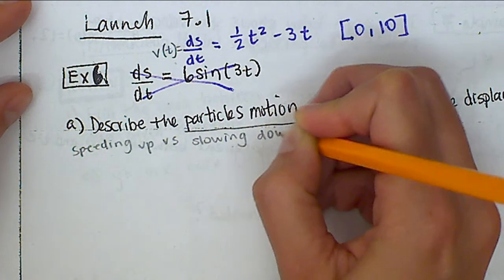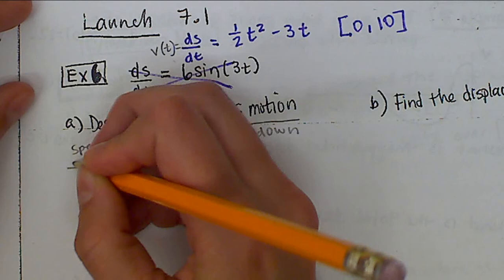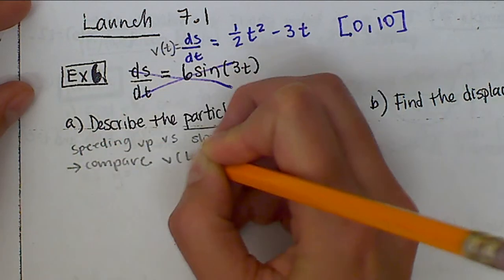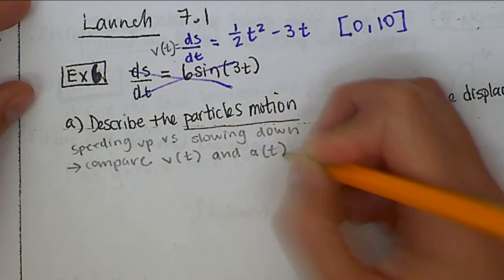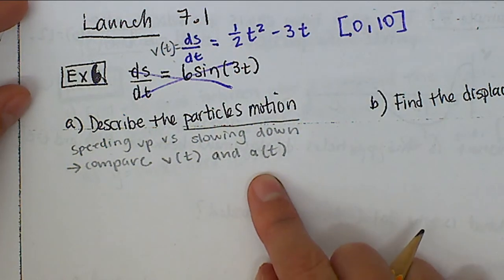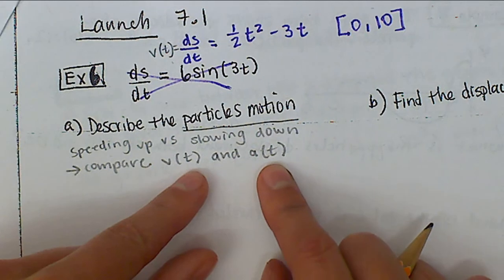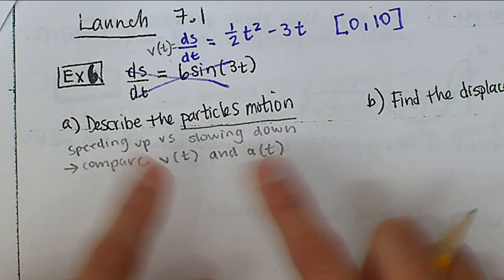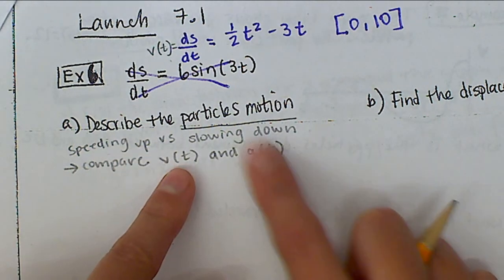And in order to determine whether it's speeding up or slowing down, you compare v of t and a of t. So we're going to make charts for v of t and a of t and compare them. When they are the same, so if v of t and a of t are both positive or both negative, the particle is speeding up. If v of t and a of t have different signs, one positive and one negative, the particle is slowing down.